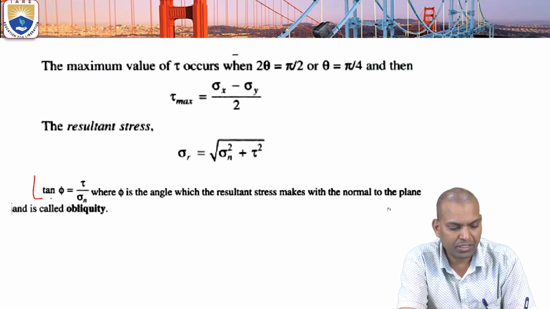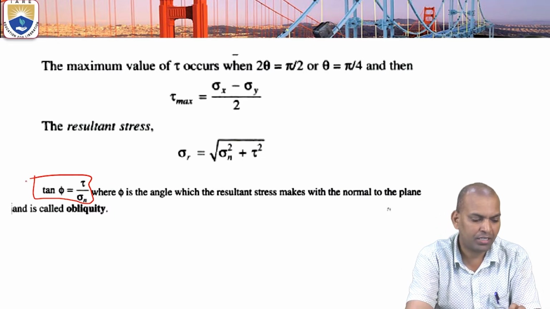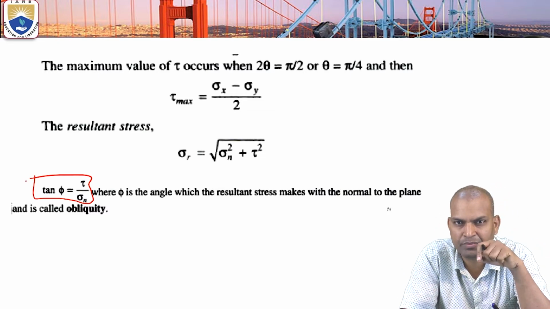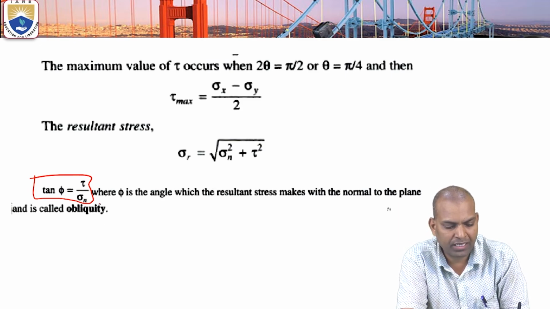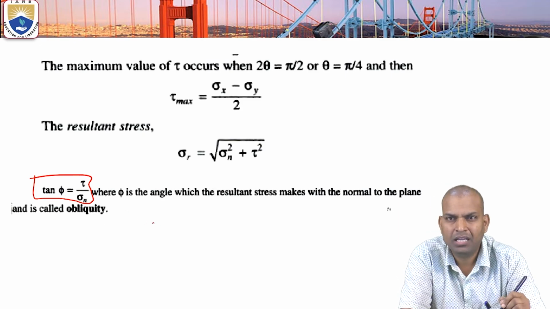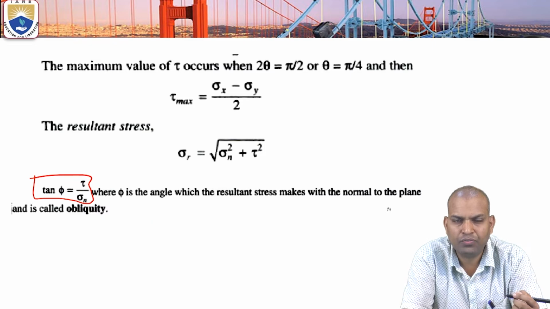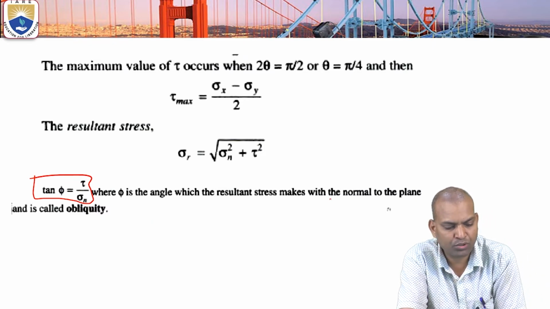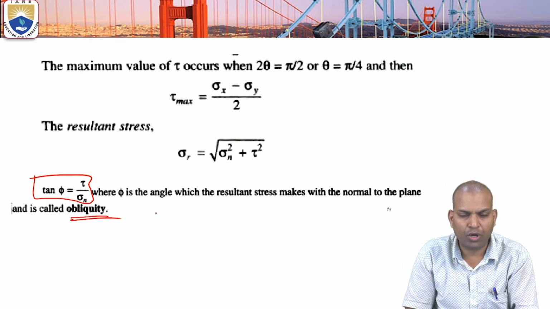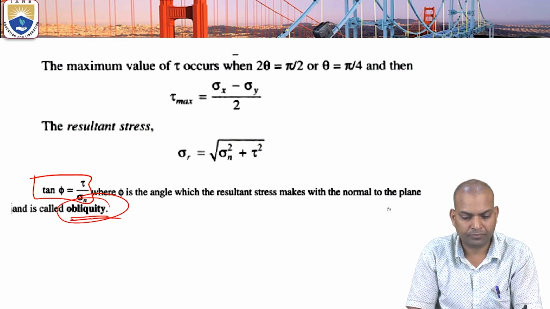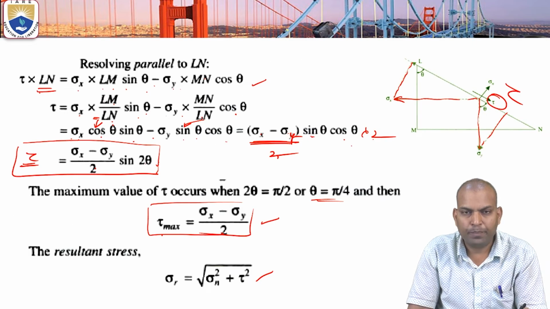The direction of resultant stress is tan phi equal to tau by sigma n, where phi is the angle made by the resultant stress with the normal to the plane. This angle is known as the angle of obliquity.